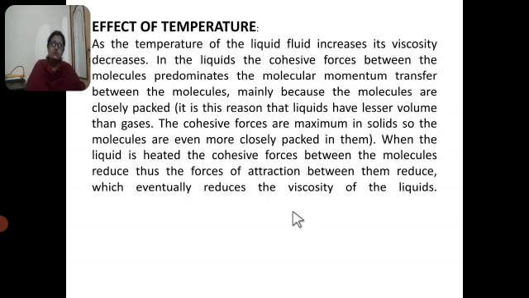Now we come to the effect of temperature. As the temperature of a liquid increases, its viscosity decreases. In a liquid, the cohesive forces between the molecules predominate over the molecular momentum transfer between the molecules, mainly because the molecules are closely packed.